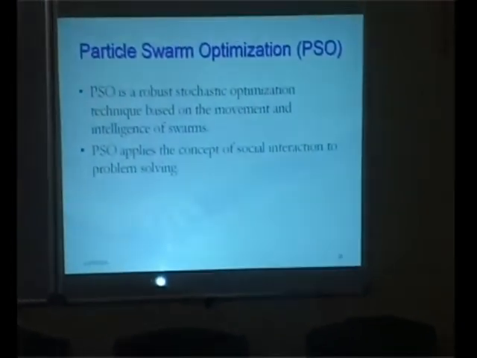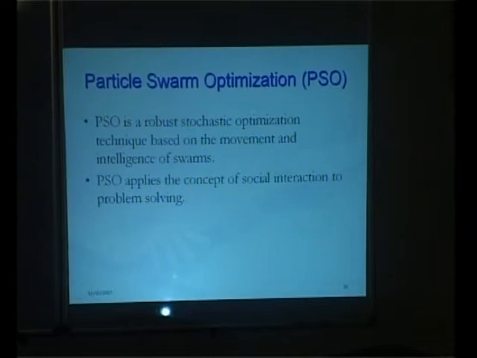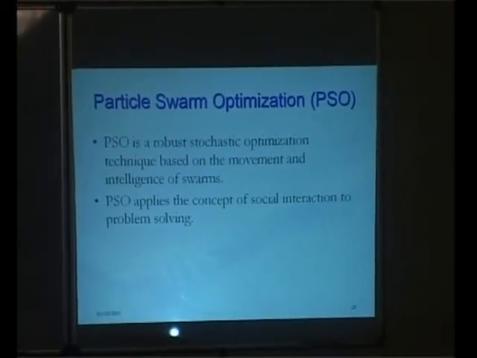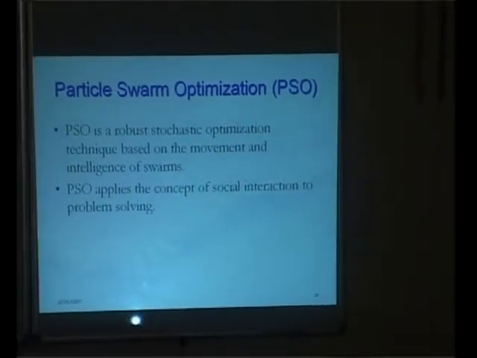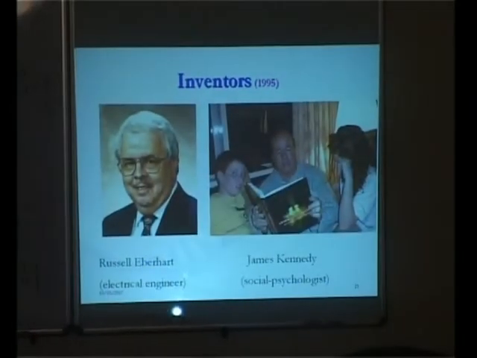So this PSO applies the concept of social interaction to problem solving. When we are solving the problem, we have to keep the social interaction among those groups. Let us see how it is happening. These are the two inventors.